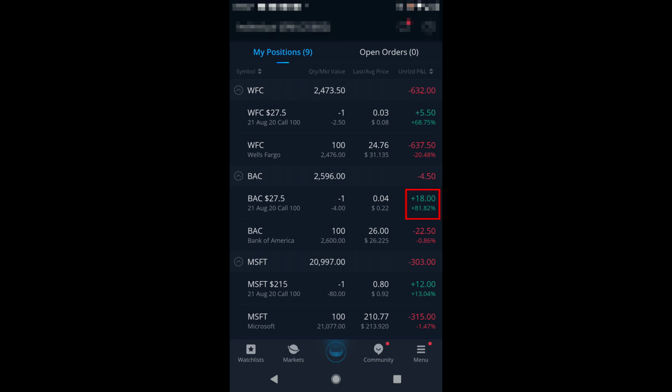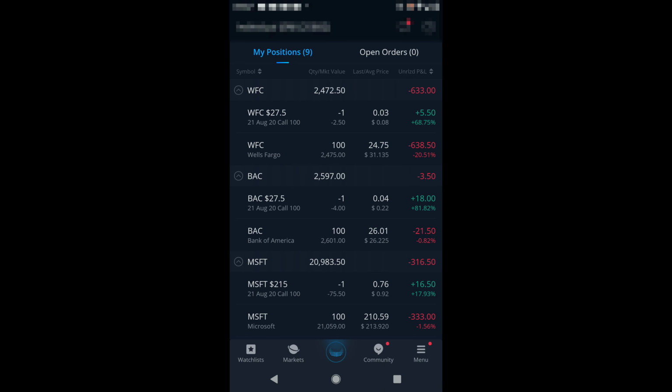It says we have collected about $18 if we were to buy back the contract right now, and that's about 81% of the total premium. So in my case, it's worth buying back because we're on Monday. We still have a couple of days left, and we could go ahead and sell another covered call. So that's one of the reasons why you would want to buy back a contract.